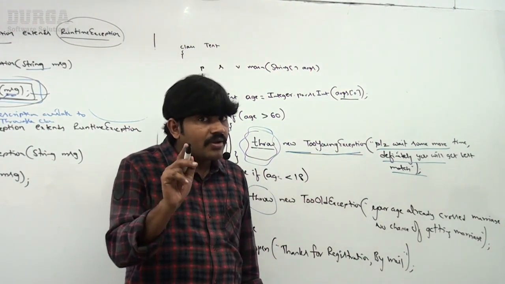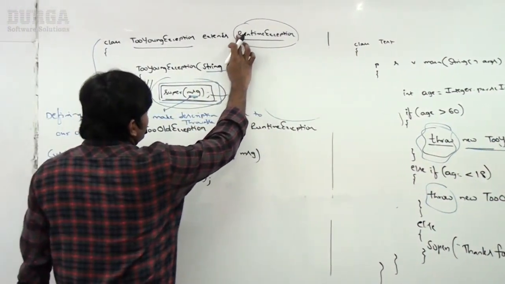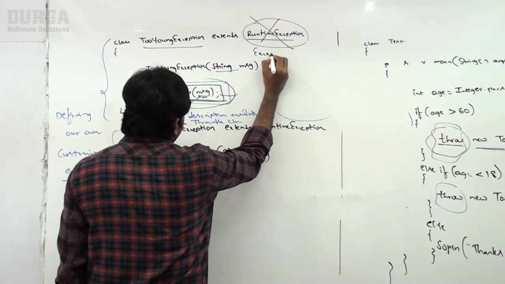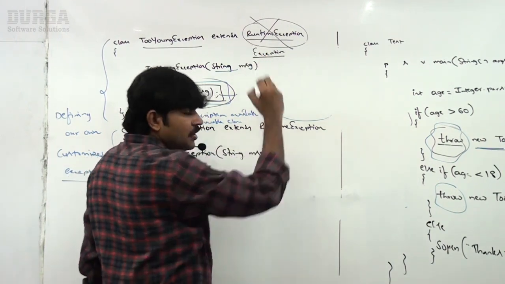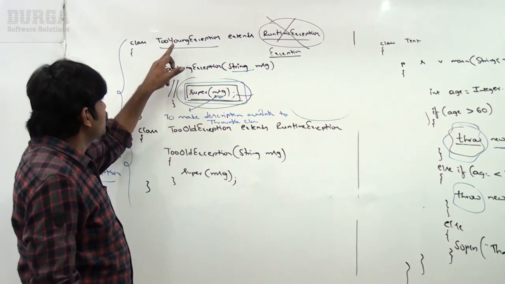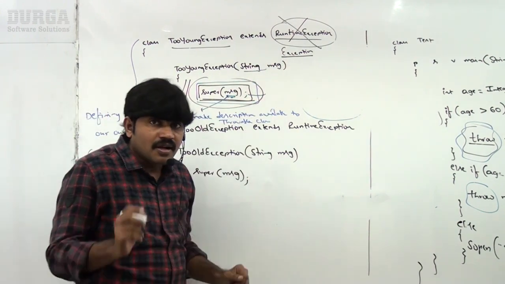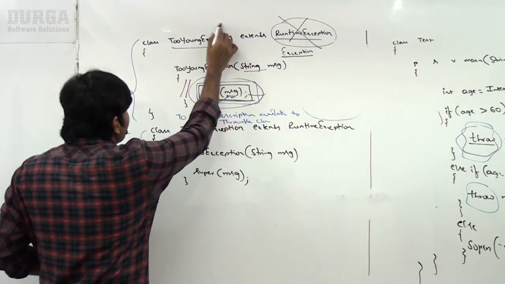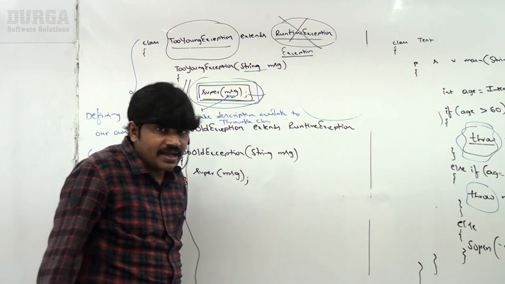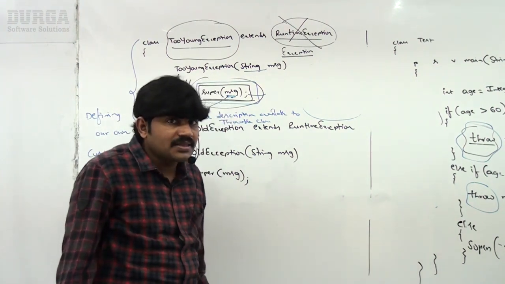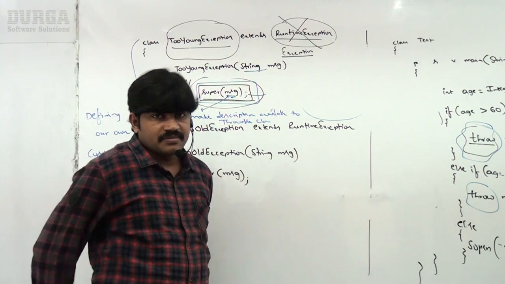But now have a look once. If I take Exception instead of RuntimeException, so DoingException extends Exception. Now will DoingException become a checked or unchecked exception? DoingException will become a checked exception. Correct, right?